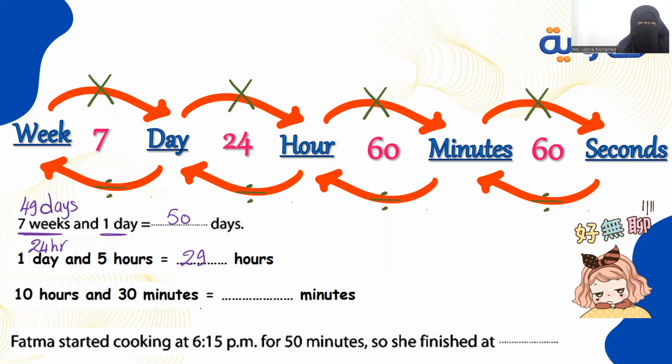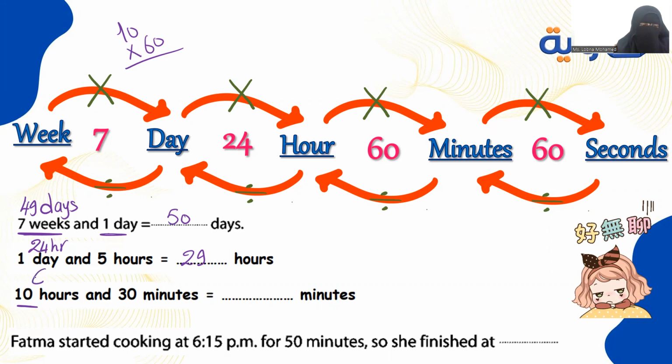10 hours and 30 minutes equals how many minutes? Now we want to change from hours to minutes. What can we do? In 1 hour we have 60 minutes. So we have to multiply this number by 60. 10 times 60 equals what? We just bring down the 2 zeros and we have 6.